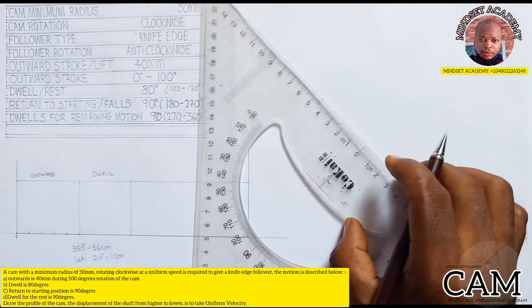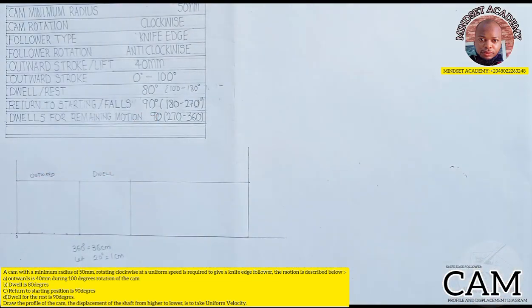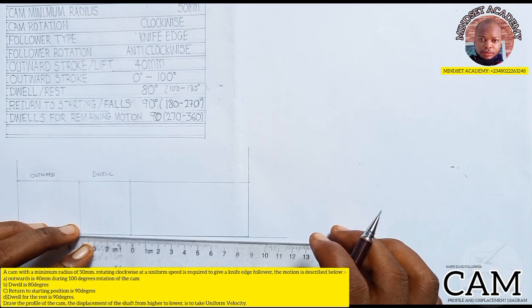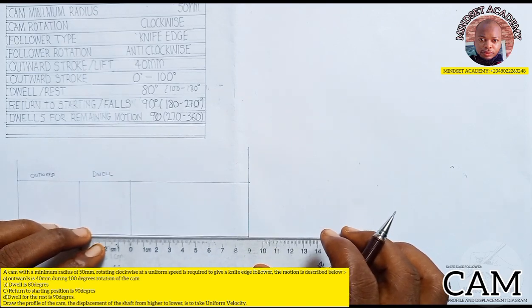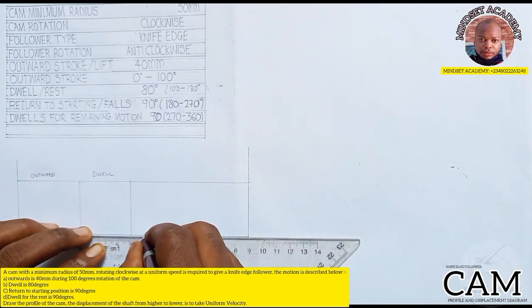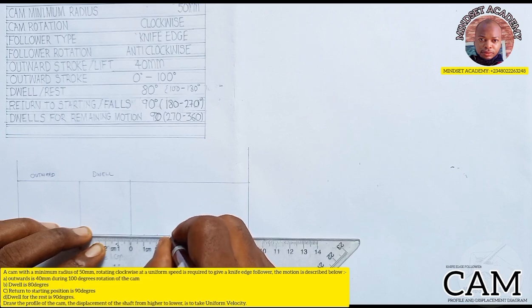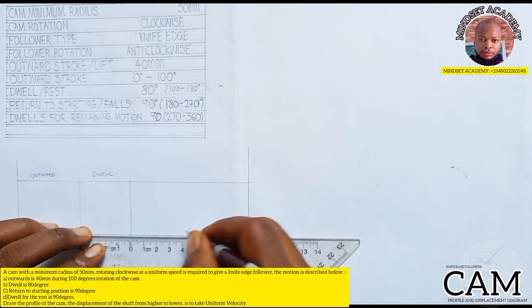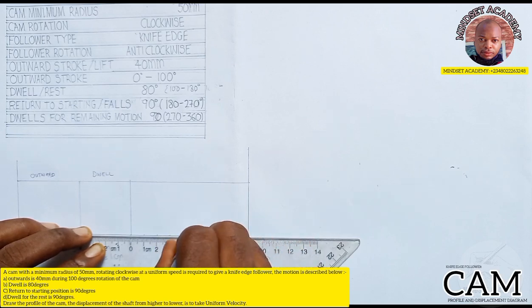Right? Then again 90. So I'll come again and measure the 90 from 0. Look at what I want to do. I have this is 20, 40, 60, 80, then what? 90.